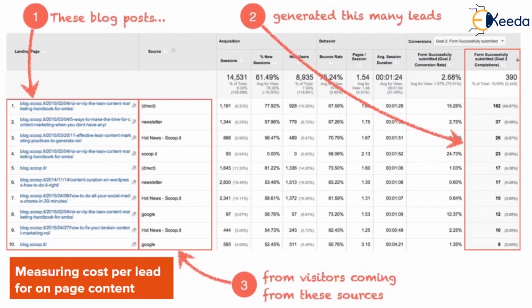That's the goal which is getting tracked, and the Google dashboard gives you the opportunity to see the absolute number, and also the percentage of leads captured versus the total number of visitors.